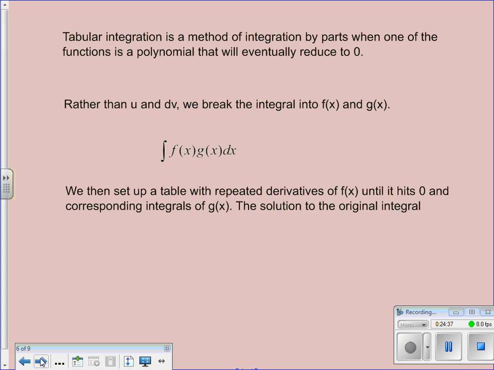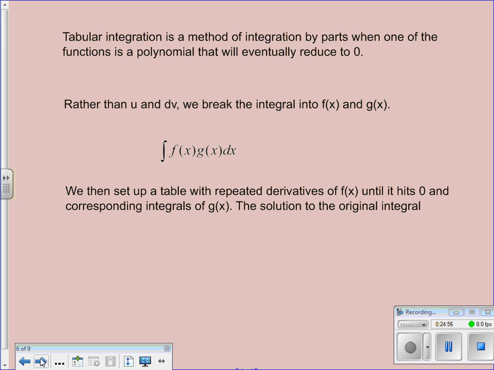On the first problem, that polynomial reduced in one step because it was only to the first power. If you have a polynomial to a higher power, you're going to have to do repeated integration by parts.